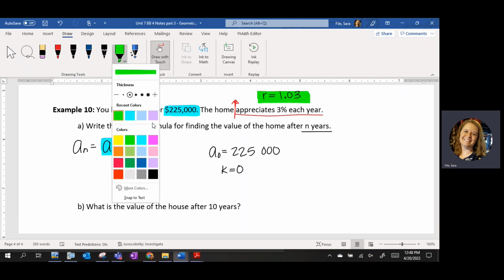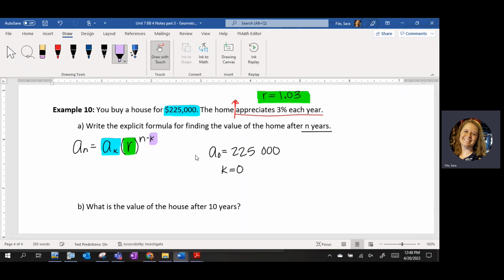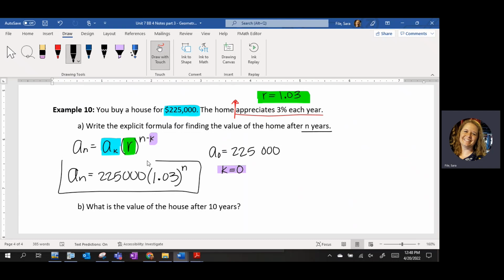So that's what we're going to plug in for K. So the equation is 225,000 times 1.03 to the power of N. This is what we could use to find the value of the house after N years.